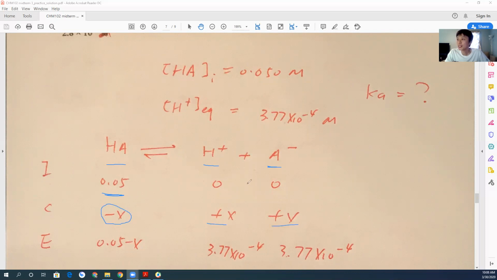In this case, we know the proton concentration generated is given, so that will be equal to x. The same concentration for the conjugate base. And for the acid, that will be 0.05 minus this x.